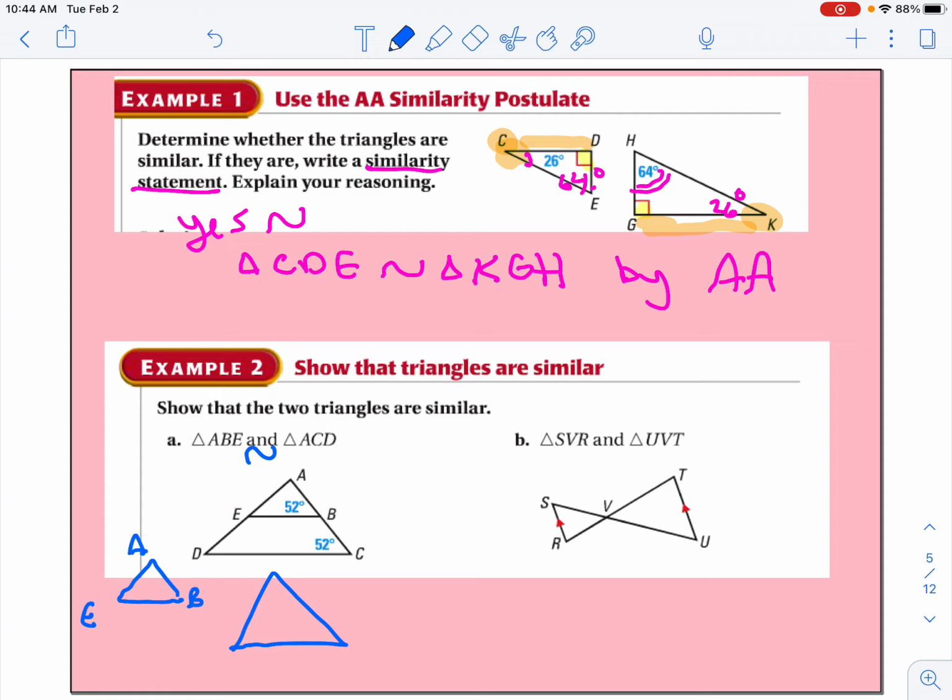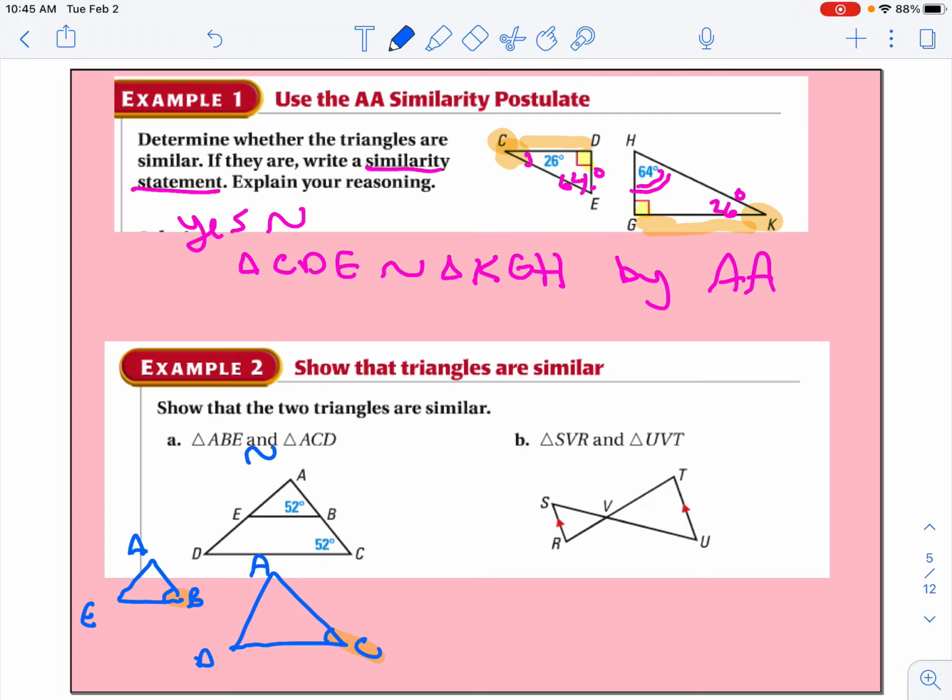All right, so sometimes when you have multiple triangles within the same picture, it's often helpful to redraw them. Notice that angle B right here is 52 degrees and angle C right here is 52 degrees. So you do have this corresponding angle congruent.